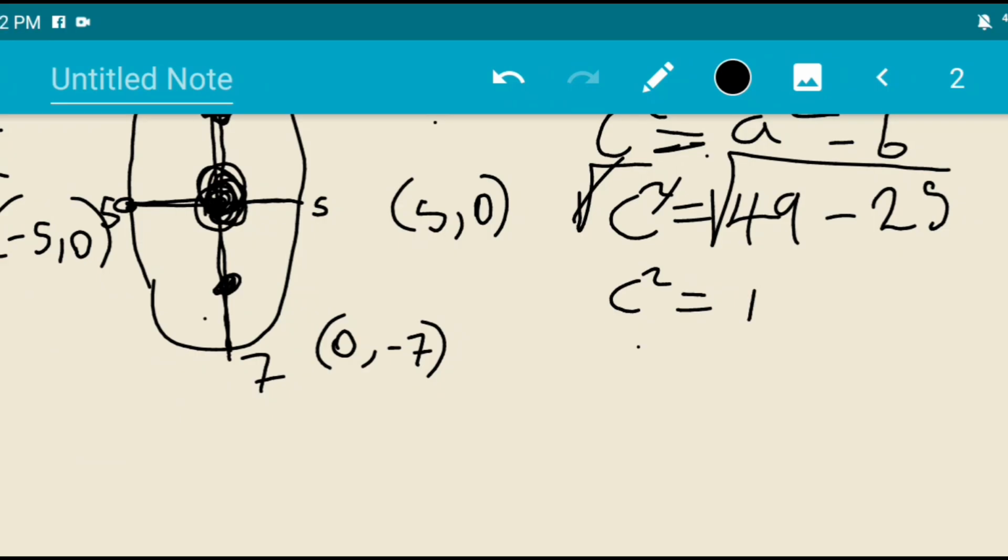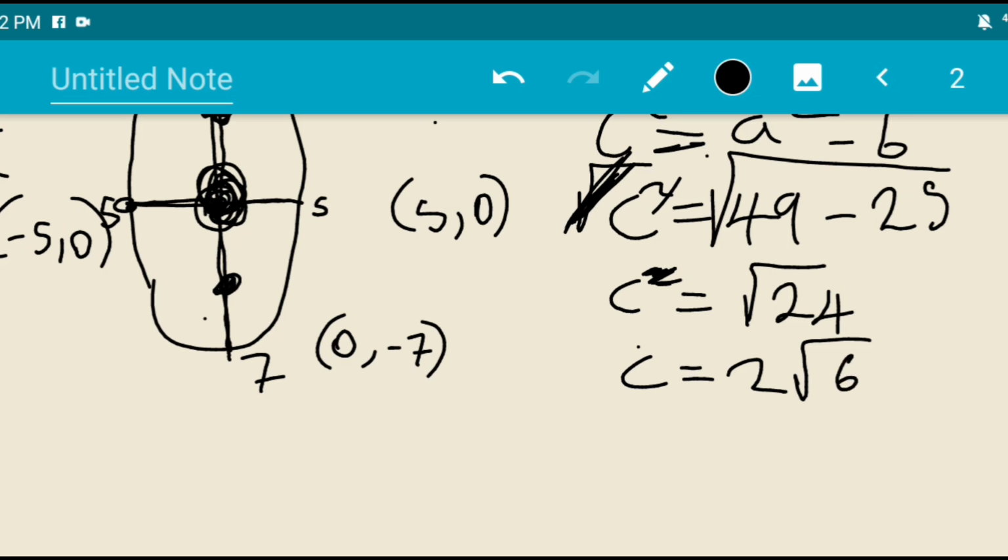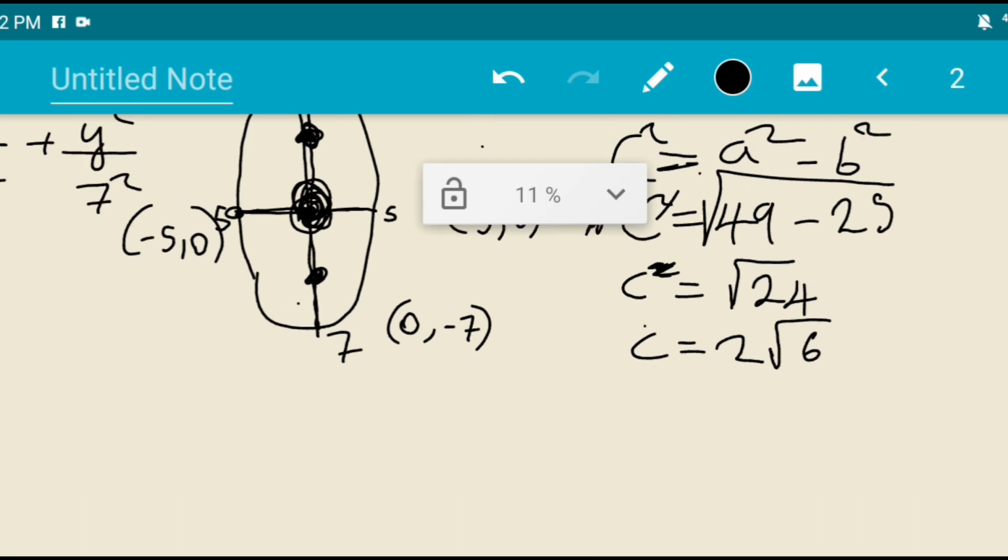So C is equal to the square root of 24, which when you use an advanced calculator you can tell is the same as this, or even just complex numbers. So that is our C, and that C is our foci.